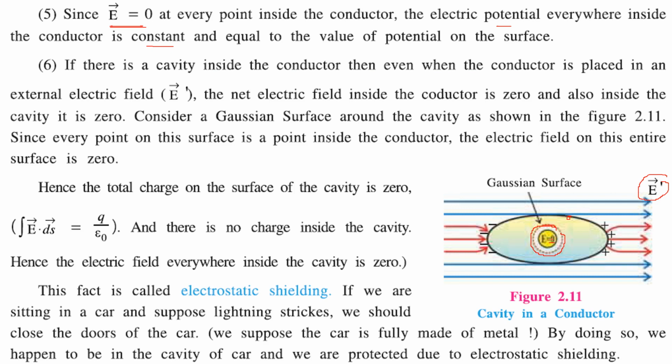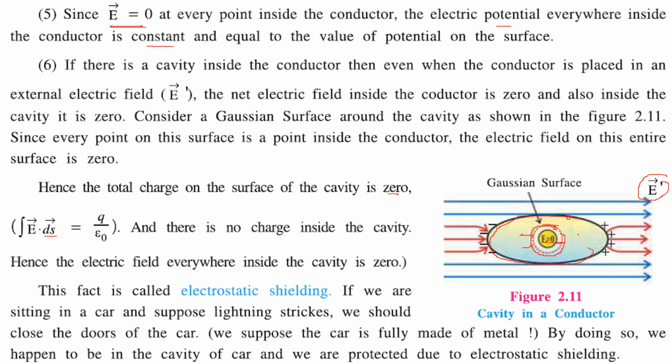Since every point on this surface is a point inside the conductor, the electric field on this entire surface will be 0. So the total charge will also be 0 in this cavity. We know that E dot ds equals q by epsilon, so we can safely say that the total charge on the surface of the cavity will be 0. And there is nothing inside this cavity, so the electric field everywhere inside the cavity will be 0.